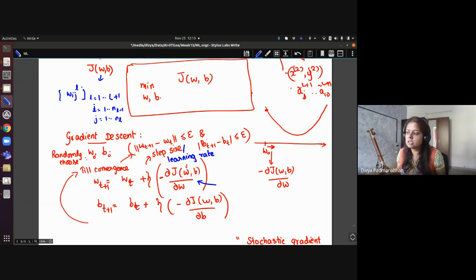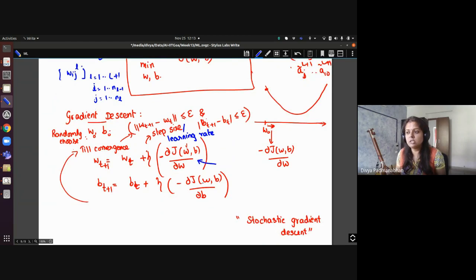Another thing that people do is, instead of seeing how much the W's change, you see how much the function changes, like J of W_(t+1) minus J of W_t. If that doesn't change a lot, then you can stop. So there are different convergence notions possible here, and generally this is something that people experiment with, so it's not fixed.